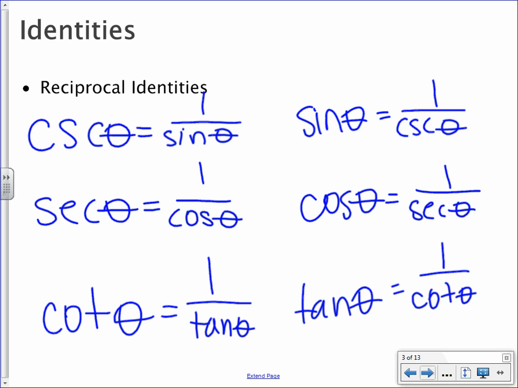You know the first three, you know the second three. As long as the angle is the same, these identities are true. If this angle was star, this angle is star. If this angle is 5x, this angle is 5x. You need to remember these because you are going to have to use them over and over. But you already know them, so these shouldn't be too bad.